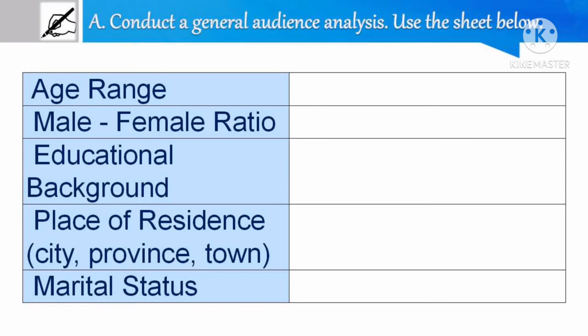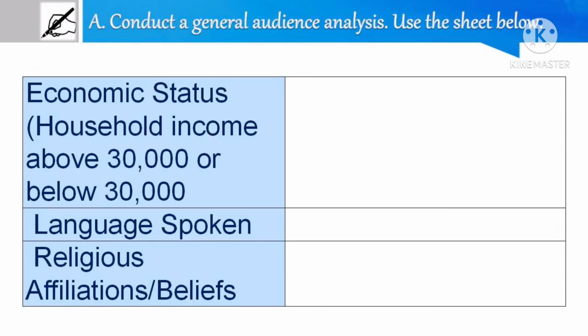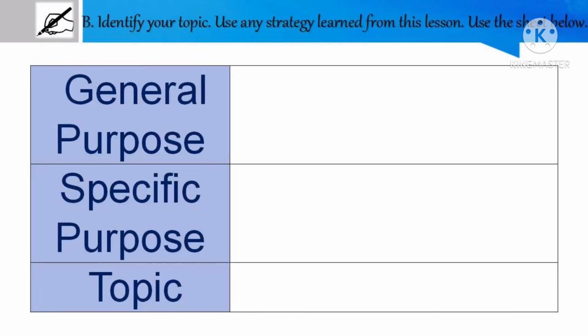It contains age range, male-female ratio, educational background, place of residence that includes city, province, or town, the marital status, economic status that includes household income above 30,000 or below 30,000, the language spoken, and the religious affiliations or beliefs.